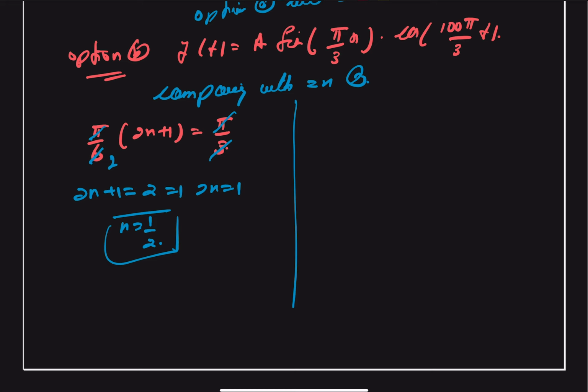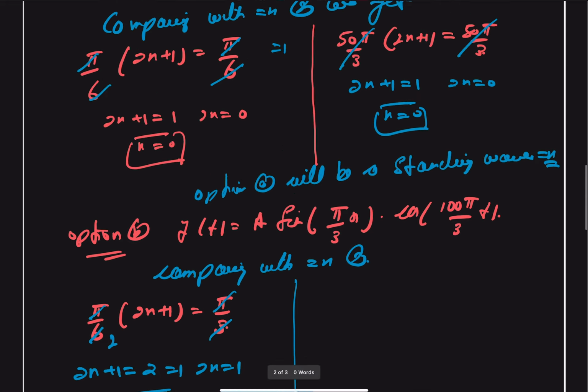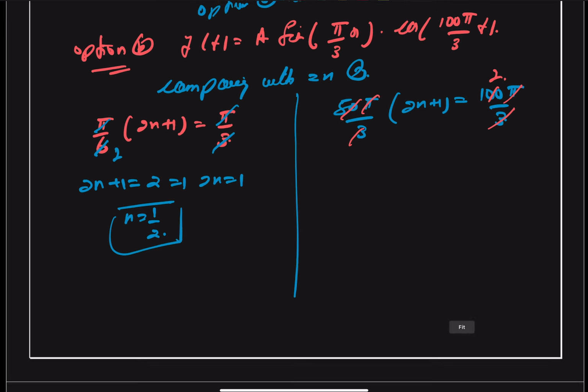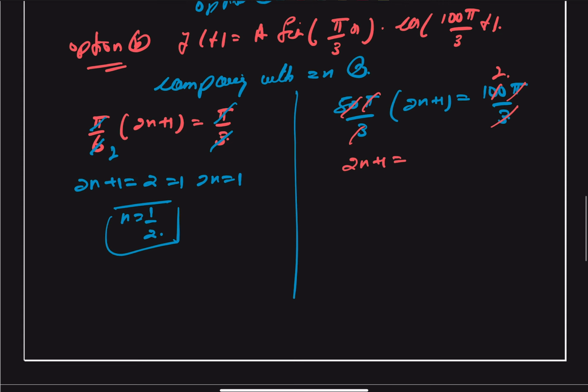Similarly, we can do for the other side also, and the other side is 50 pi by 3, (2n plus 1) is equal to 100 pi by 3. Pi goes, 3 goes, and this goes by 2, and we get 2n plus 1 is equal to 2, which gives us that 2n is equal to 1.